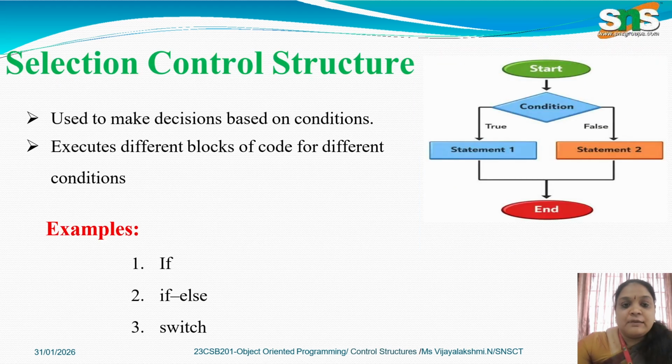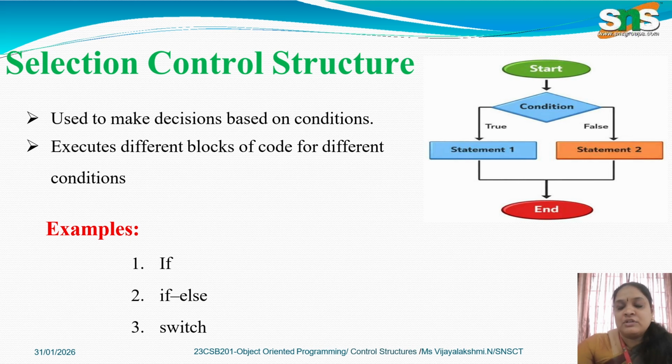And the next one is selection. First was sequential and the next is selection. Selection means we have three types here. One is the if statement, if else, and then the switch statement. What is if? We will start with the program and we will have a condition here. If the condition is true, one statement will be executed.